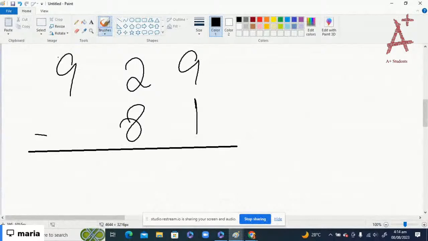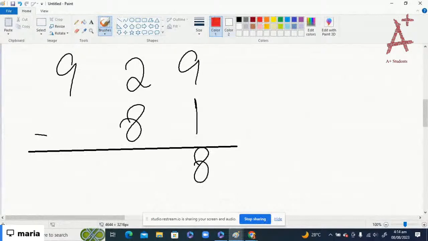Count it on your fingers and then tell me. First count 9 fingers, then remove 1 finger. How many are left? That is 8.